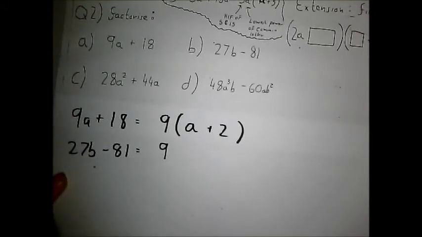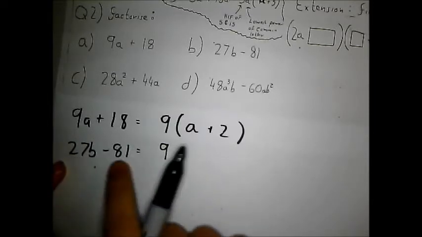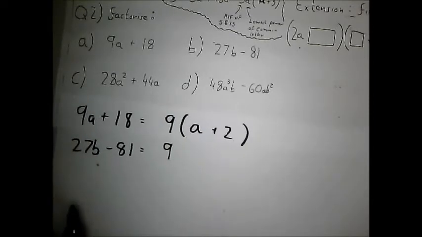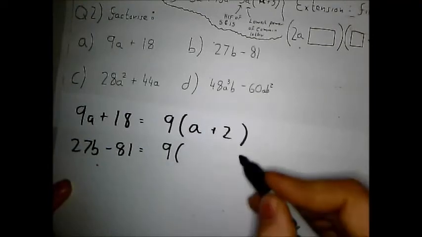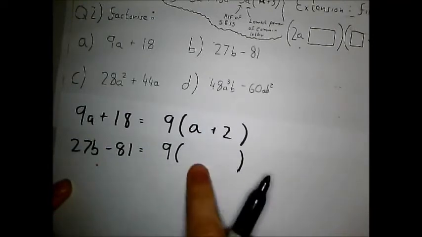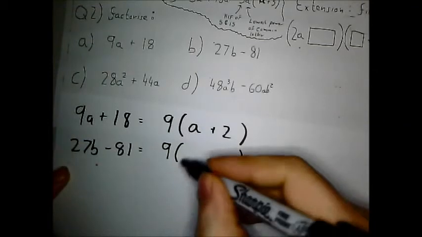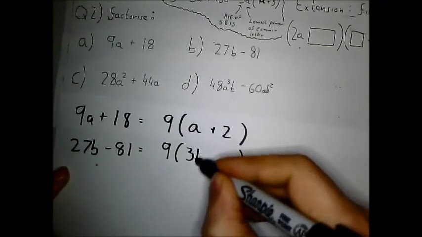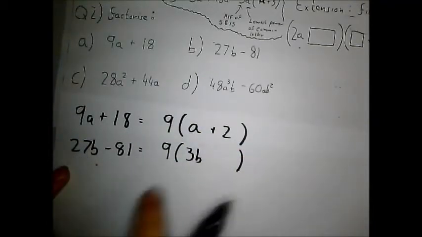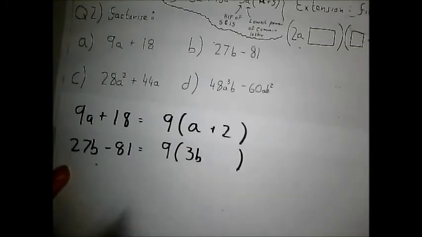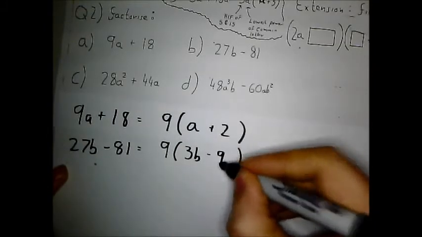So 7 and 2 makes 9, 8 and 1 makes 9. These are both divisible by 9. Put in your empty brackets. 9 times what gives us 27b? Well, 9 times 3b gives us 27b. And then 9 times what gives us negative 81? Negative 9. 9 times negative 9 gives you negative 81.